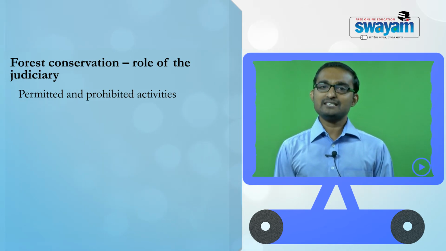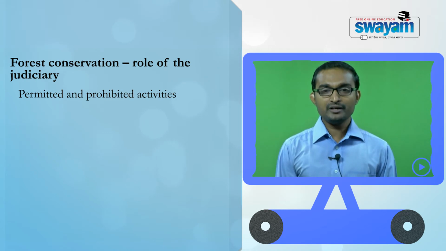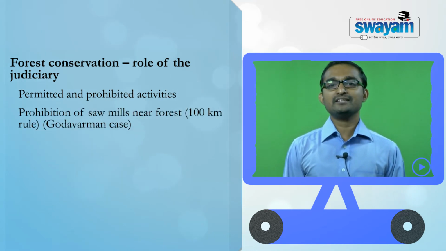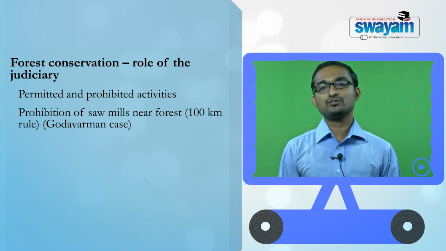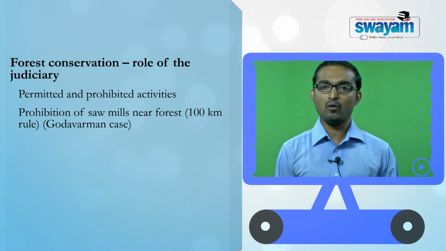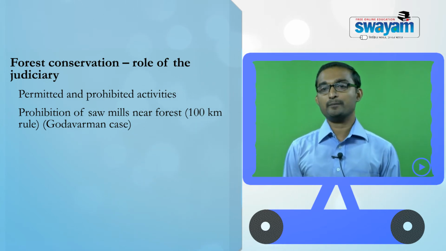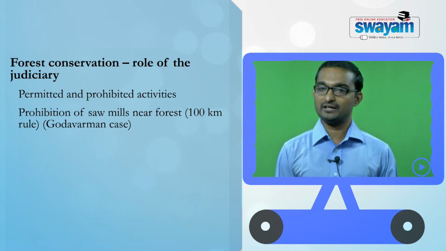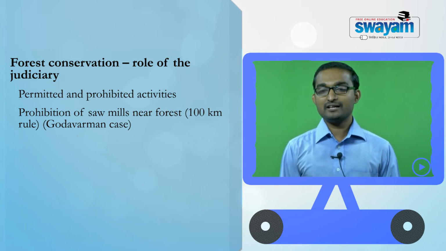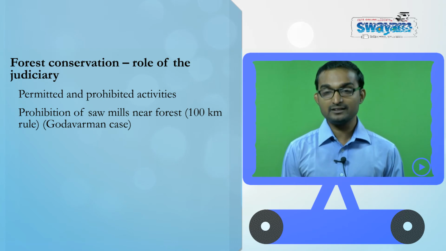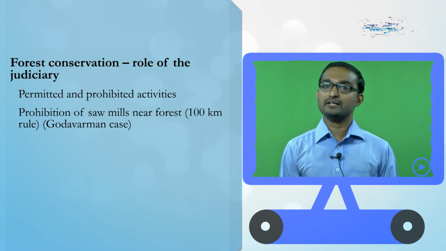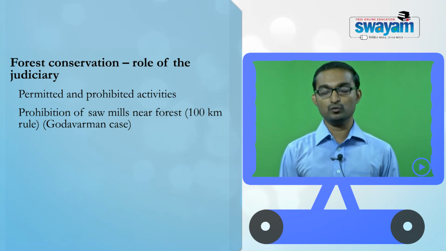For example, let us take the Godavarman case again, where the court prohibited sawmills near forest, and introduced the rule of 100 km: all sawmills should be beyond 100 km from the forest. That means all sawmills within 100 km of the forest, the state governments were asked to remove.